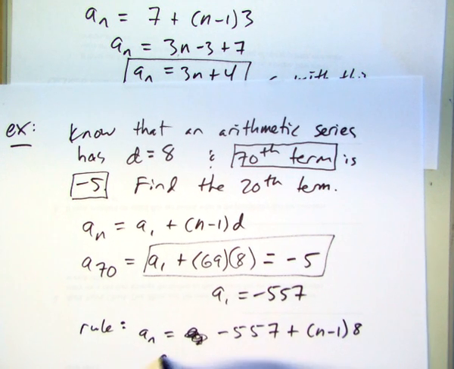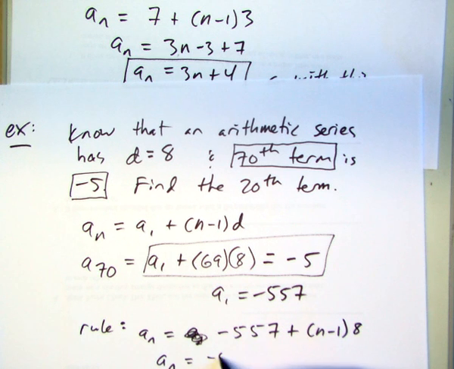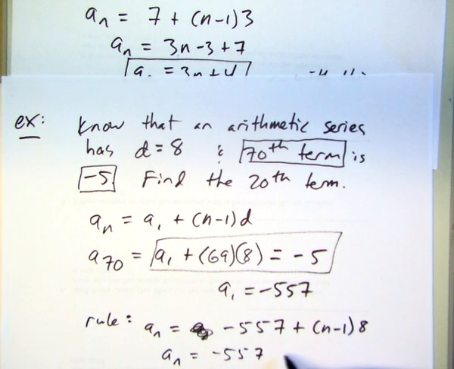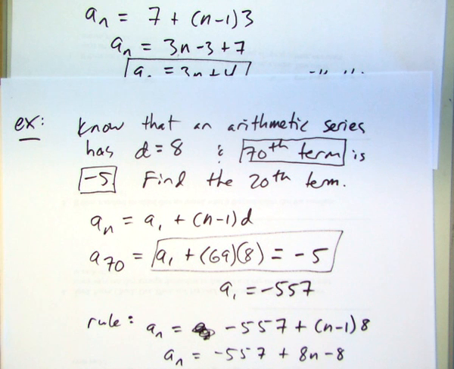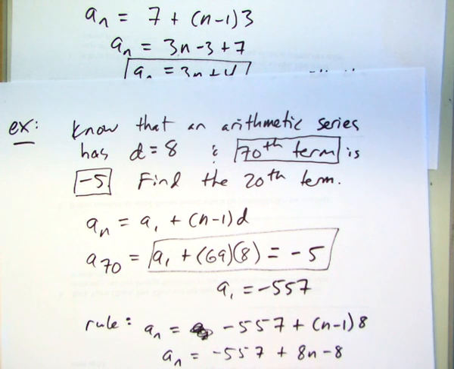So if I simplify the formula, you get negative 557 plus 8n minus 8. Combine like terms, you get that the nth term will be negative 565 plus 8n.